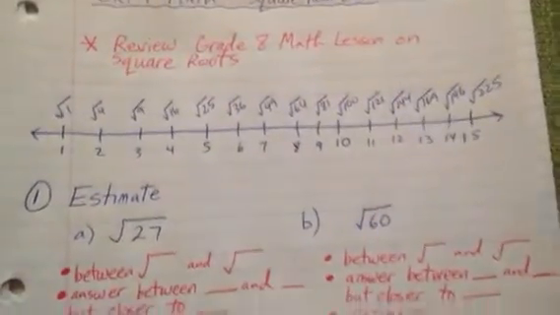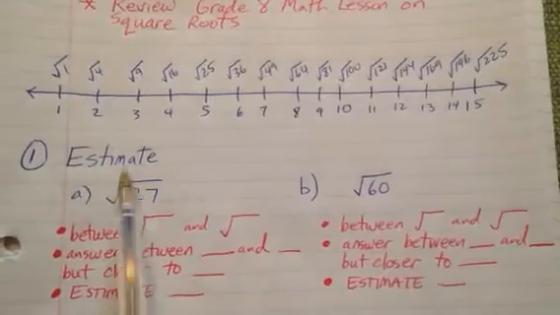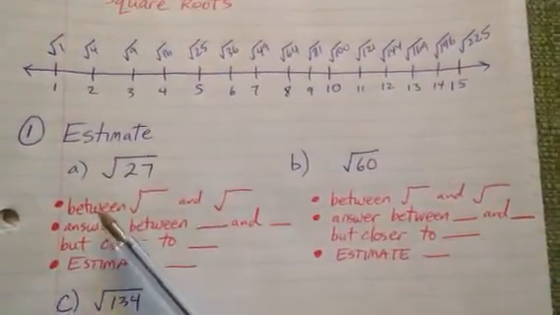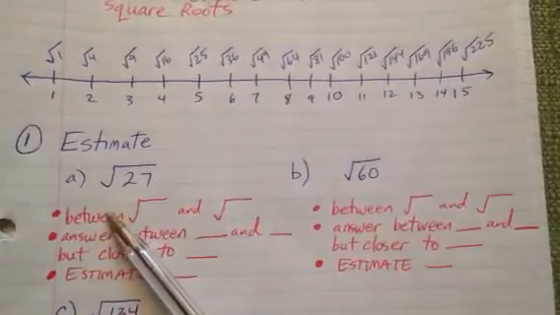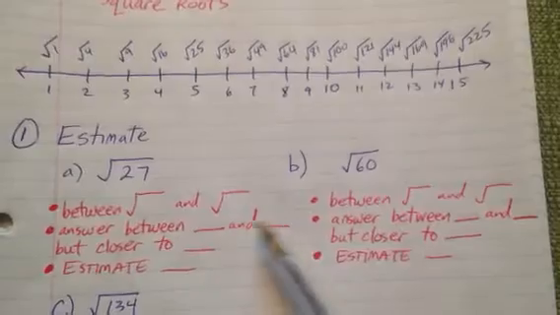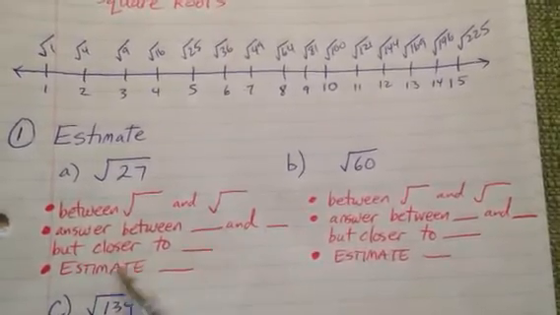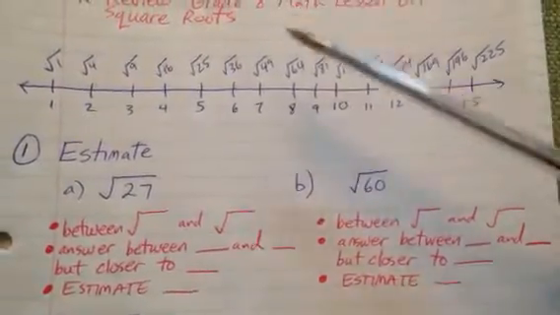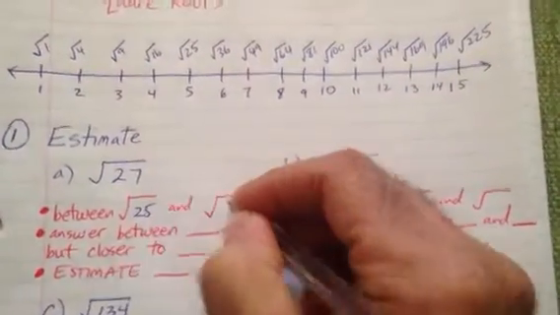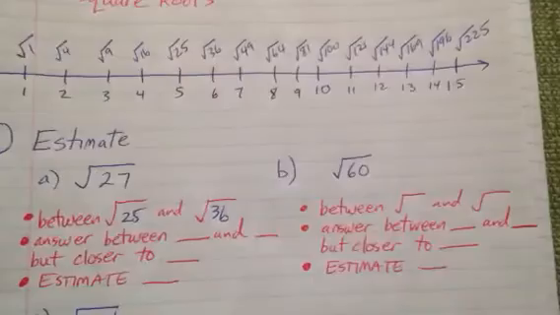Okay, so the first kind of thing we did, if you remember, is estimating. You have to be able to estimate the square root of 27. Here's the three-step model. We identify what two square roots the answer lies between, which one it's closer to, and then you make your estimate. So for example, square root 27, we know it's between 25 and 36 on our number line.